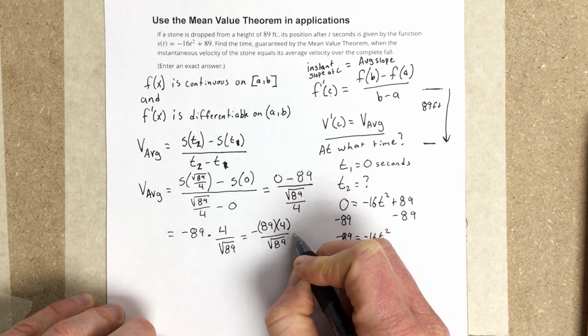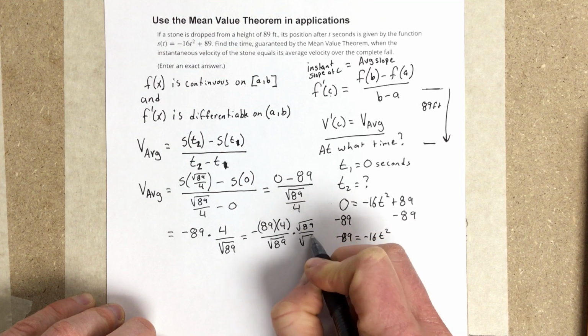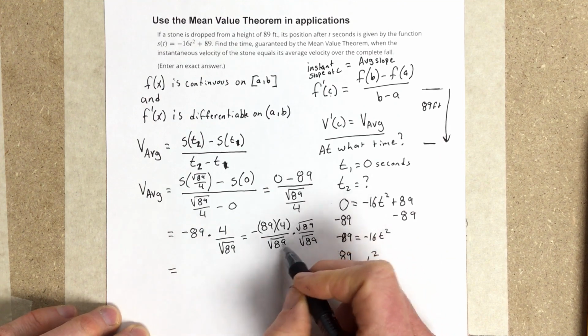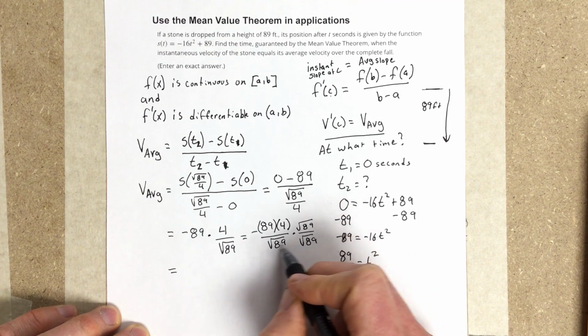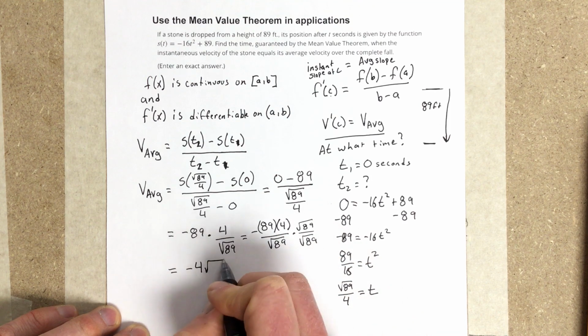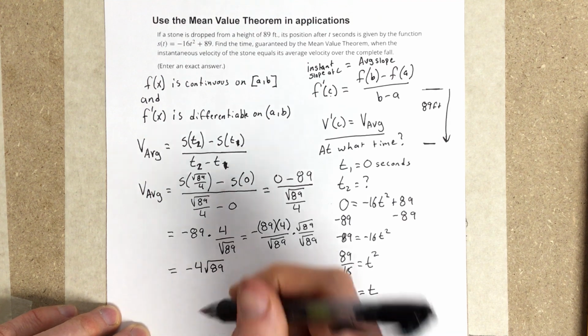So I'm going to rationalize this denominator by multiplying by root 89 over root 89. And I end up with these canceling, the root 89s would make 89, and the 89s cancel, so I end up with negative 4 root 89. So this is my average velocity, and the reason it's negative is because it's going downwards.